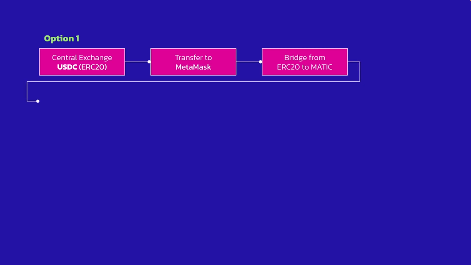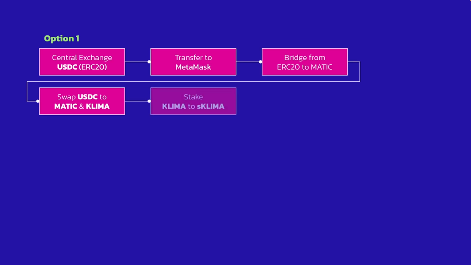And then when you have that, you're going to take your USDC and swap it twice, one for Matic and then one for Klima. The reason you need Matic is that it's the gas fee to operate on the Polygon network. And then once you have that, you can stake your Klima to staked Klima or S Klima.